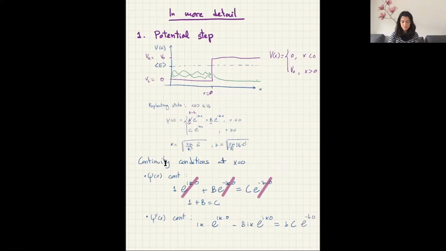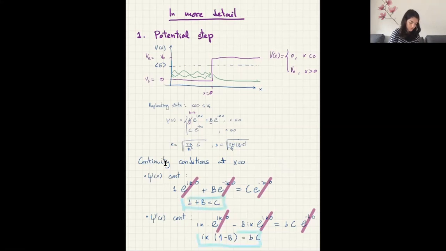We just did the first derivative, and then we replaced x by 0. So these exponentials are all 1. So what we get is that ik times (1 minus b) equals minus β c.